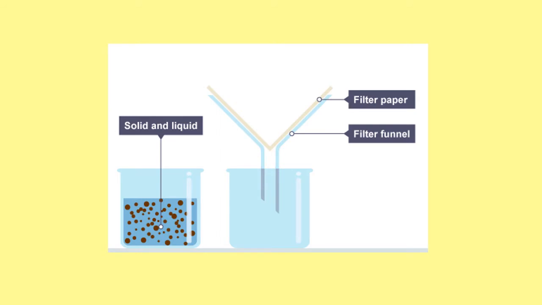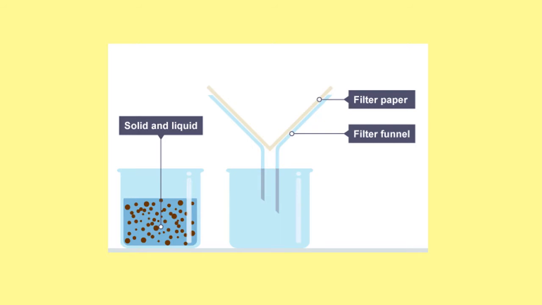So this is a diagram. We have our solid and liquid together in that beaker on the left-hand side, and then we have a funnel set up with some filter paper inside it. So the filter paper forms a line and the filter funnel is usually made of glass or plastic.